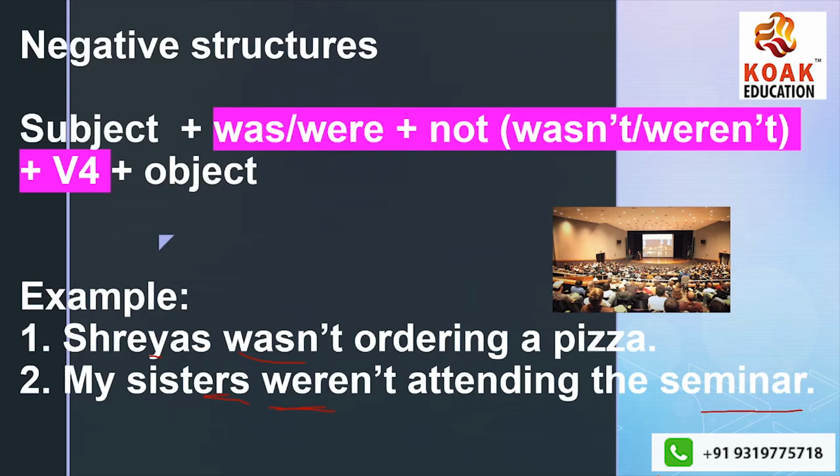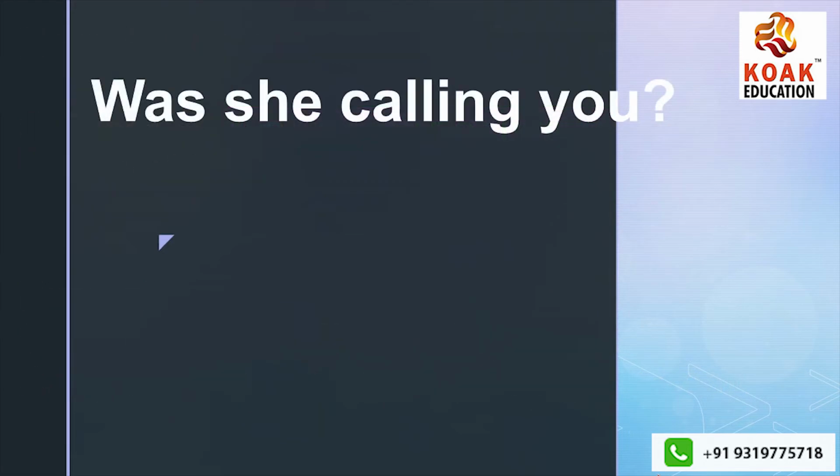If you have to frame negative structure sentences, you will have to make use of this pattern. Now, this sentence here says, was she calling you? Was and calling. Immediately we know it's about past continuous, because we have was, and also we have the ing form of verb along with was.